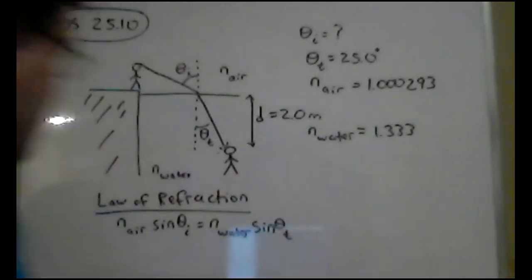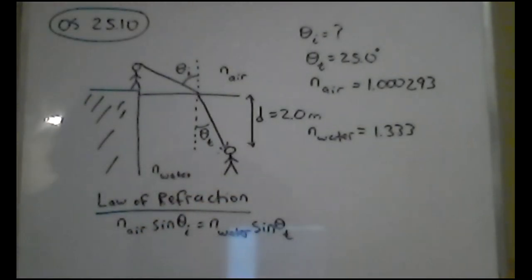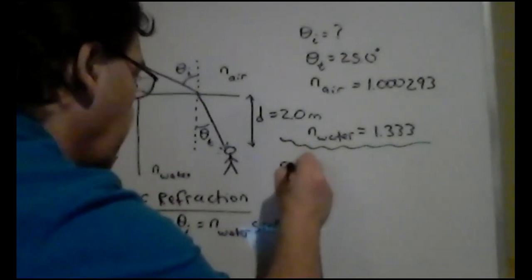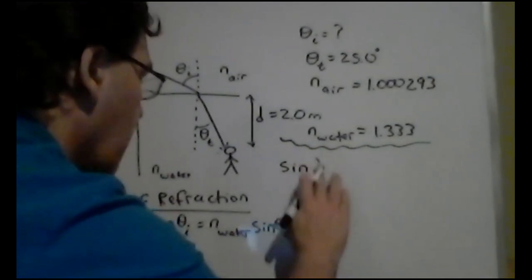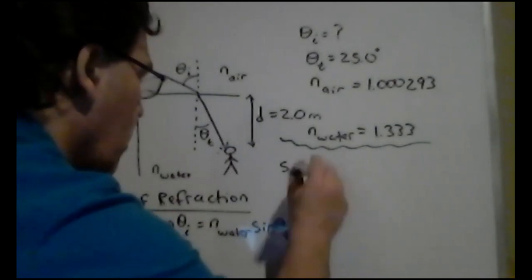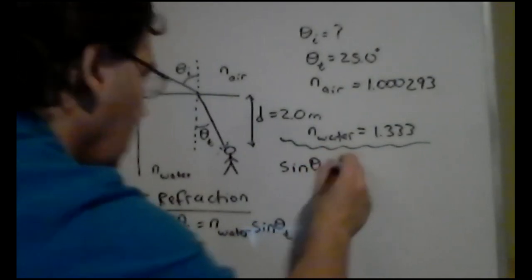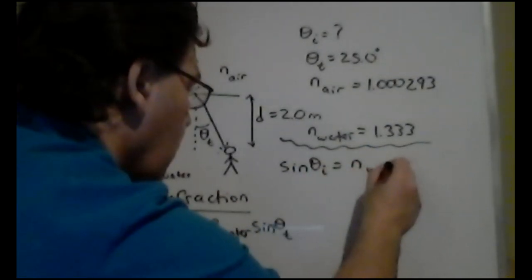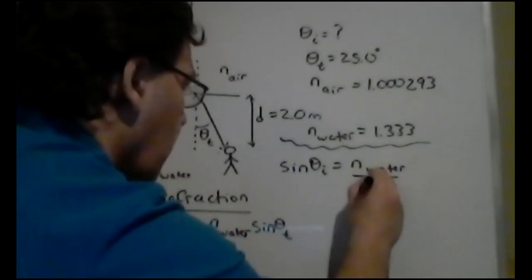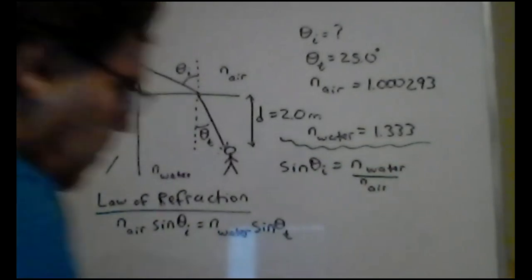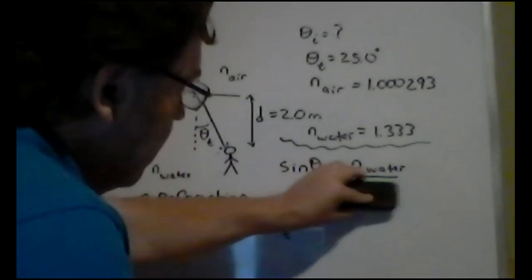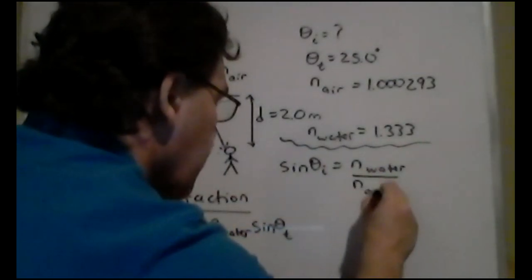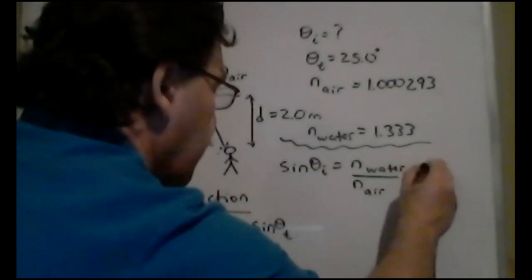First, I divide both sides by n air, so my equation becomes sine of theta sub I equals n water over n air, a ratio of indices of refraction, multiplied by the sine of theta transmitted.